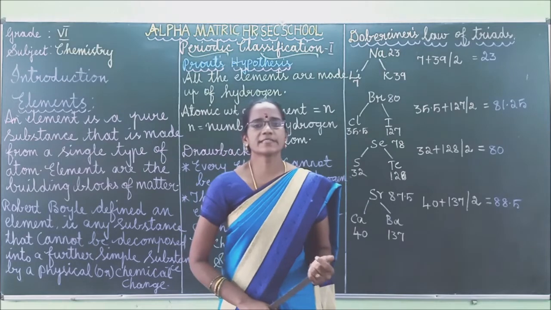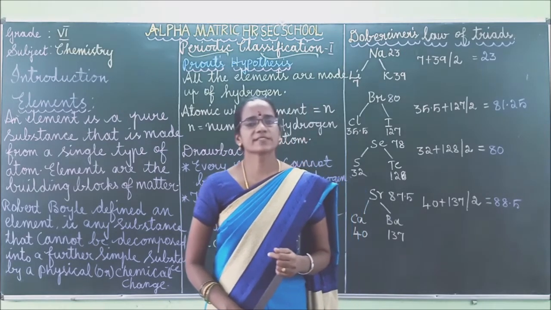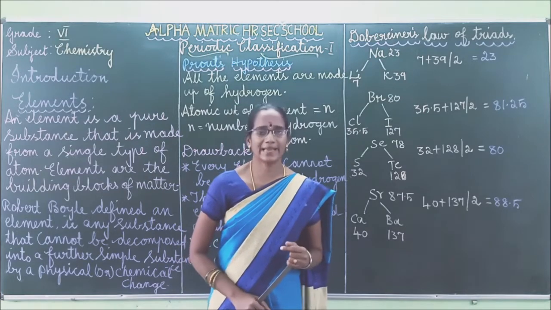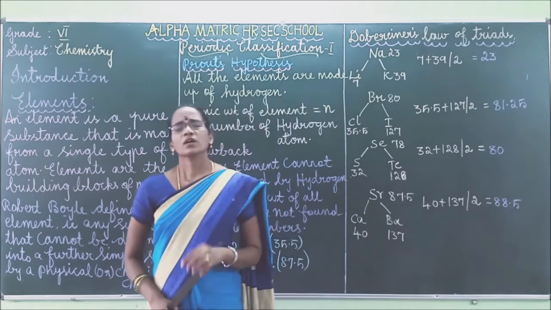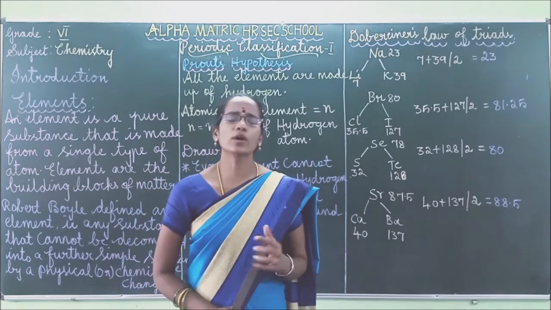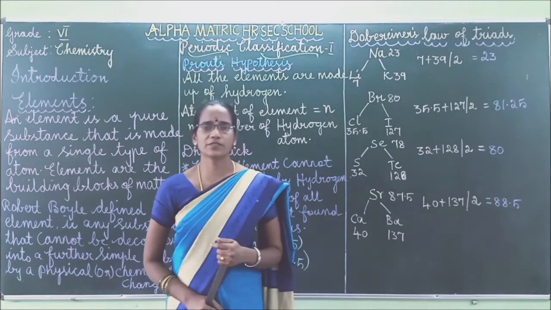All the existing matter in our surroundings is made up of small units called elements, right? In 1800, only 31 elements were discovered.